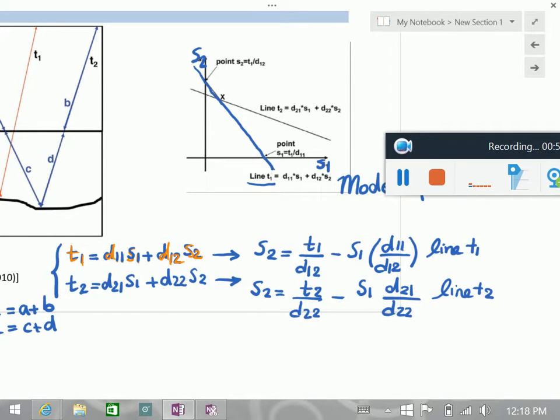Correct? Everyone is with me? Now we have a second reading. So the solution is where they meet, point X. Right?